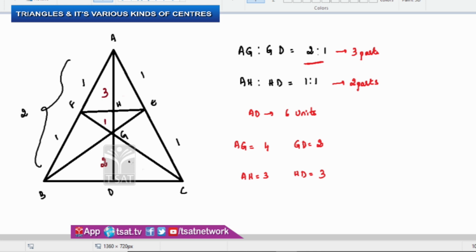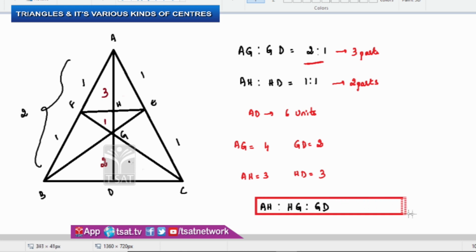So, finally, we get the ratio AH to HG to GD equals 3:1:2.